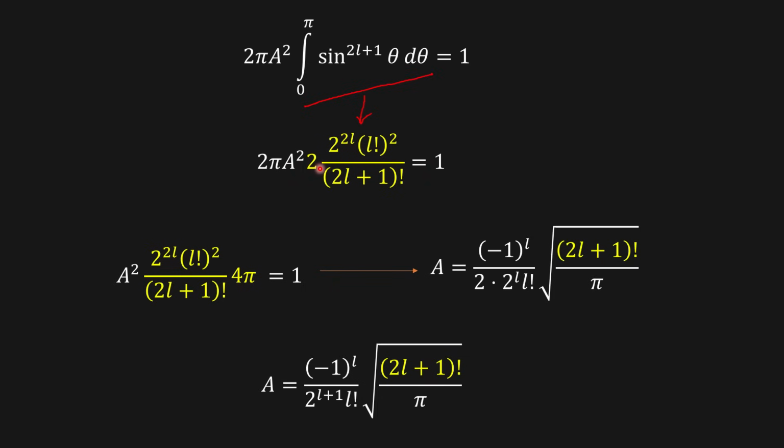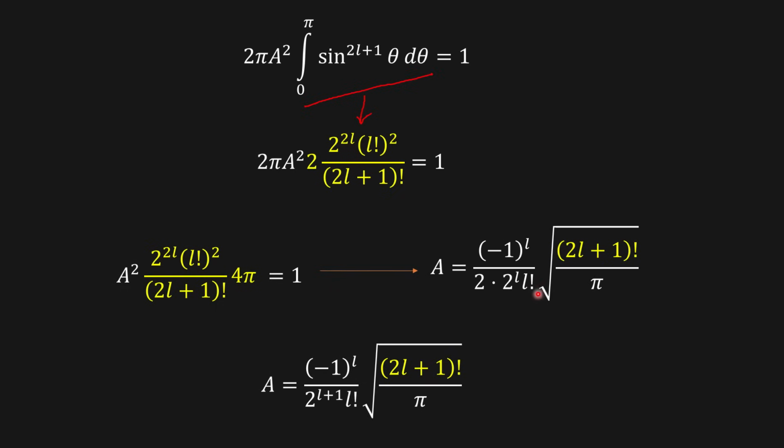Here you can see this 2 in it multiplied by this 2 pi will become 4 pi. Remaining term I have kept as it is. Then A is equal to, if you bring this term to the other side, you will get this 2L plus 1 factorial will come into the numerator. Then in the denominator, you have to take square in order to find A. So this will become 2 power 2L, because you have to take square root, 2L multiplied by L factorial, because this is L squared factorial.